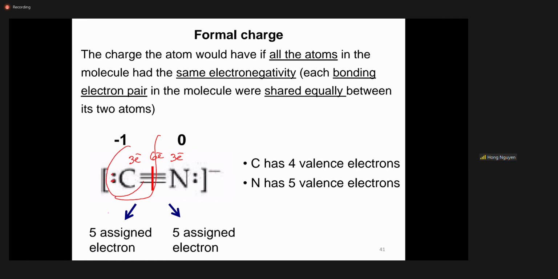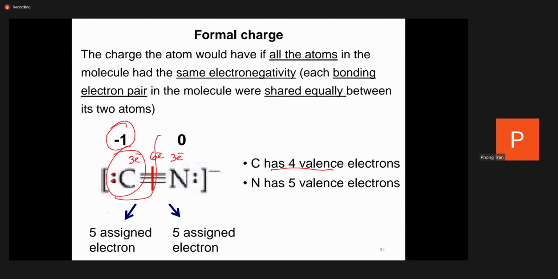So in total, the carbon has 5 electrons. Before making the carbon-nitrogen triple bond, carbon has 4 valence electrons. But after making this covalent bond, the carbon has 5 electrons. So it has 1 electron in excess. Since 1 electron is 1 negative charge, the carbon now has a 1 minus formal charge.